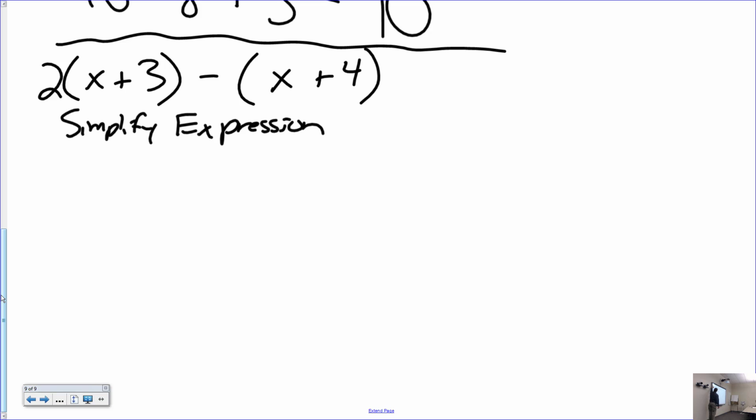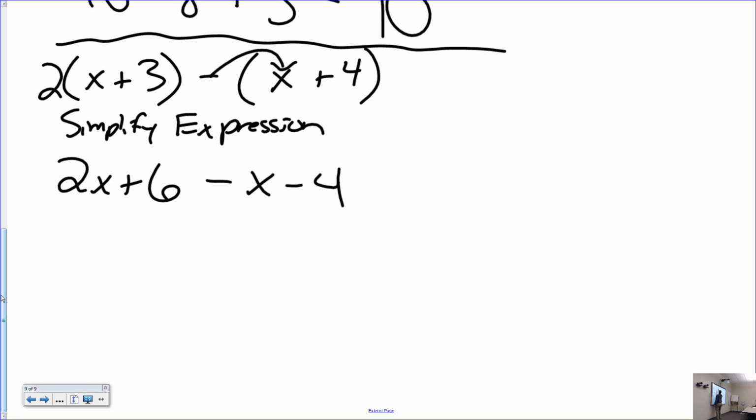So what does the first parenthesis turn into? 2x plus 6. And what does the second parenthesis turn into? Minus x minus 4. Yeah, minus both of those, right? Because the minus distributes to the x, and the minus distributes to the plus 4, and makes it a minus 4. All right? And so you just have to be careful with those.